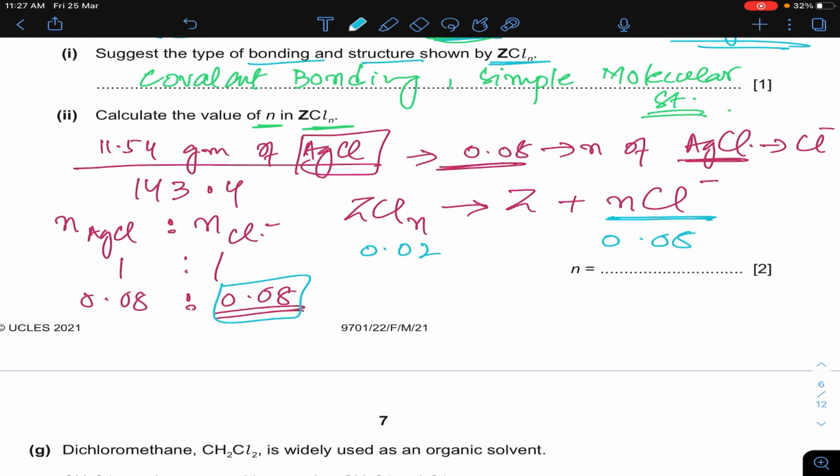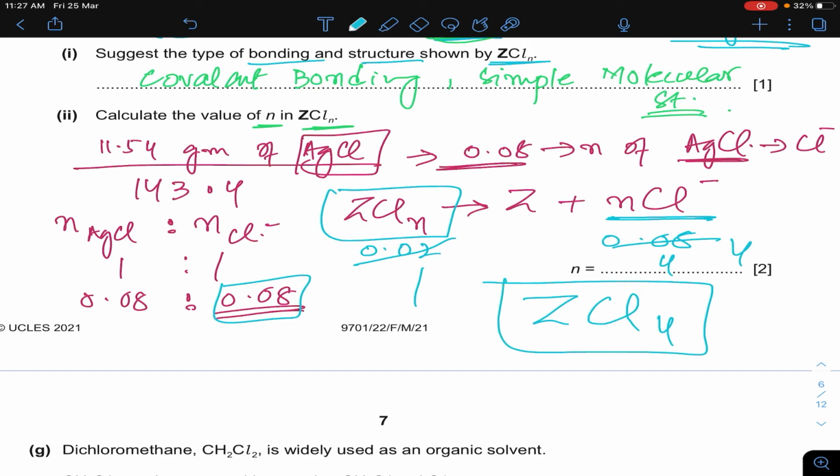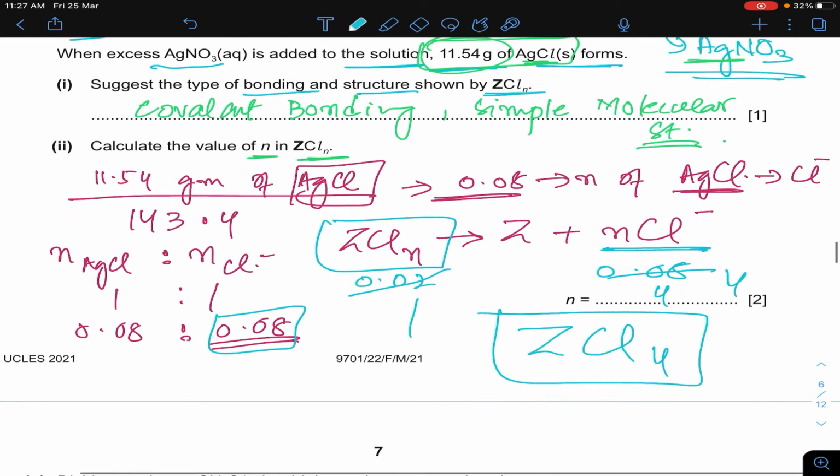So what would be the ratio of ZClN and chloride? That would be 1:4. So in ZClN the value of N is equal to 4. The formula of ZClN would be ZCl4. 1 mole of Z reacts with 4 moles of chloride ions.